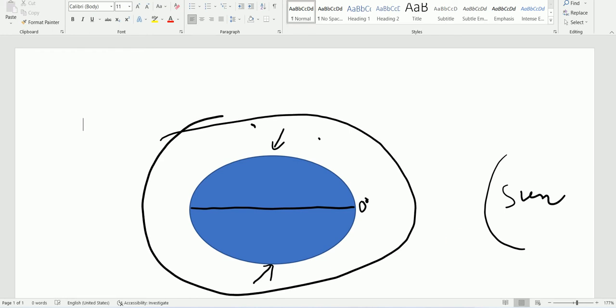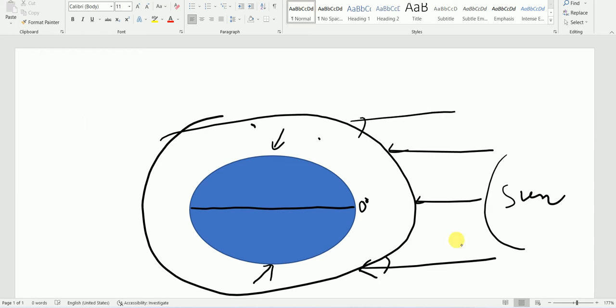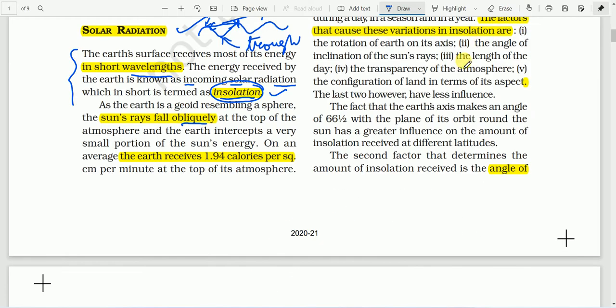Here the sun's rays at the top of the atmosphere fall obliquely, that is, not vertically in most of the places. That is the point mentioned in the book. The sun's rays fall obliquely at the top of the atmosphere, and the earth intercepts a very small portion of the sun's energy.